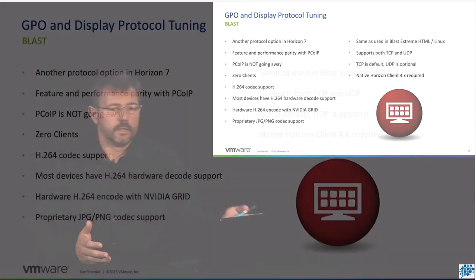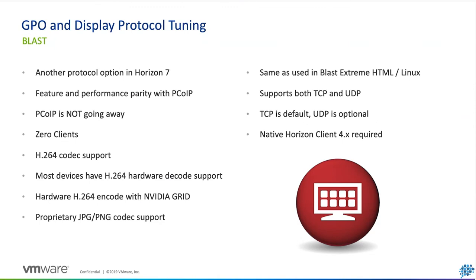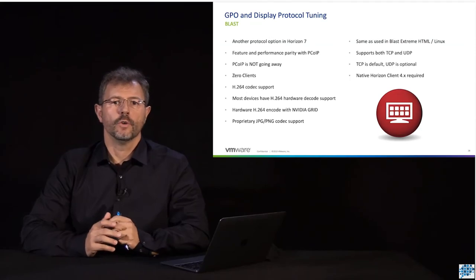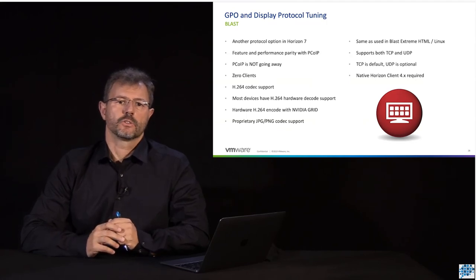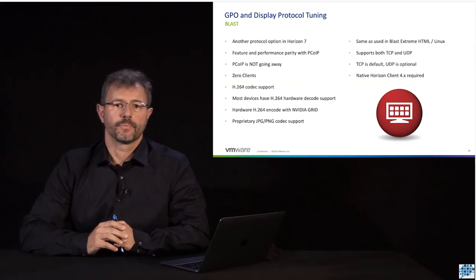It's a new protocol in Horizon 7. PCoIP is not going away because we still have use cases for that. So you can choose what protocol you want to take. We have support in zero clients. We have the H.264 compression and decode support. On the server side, if you have NVIDIA cards, you can offload the encoding of your BLAST stream to your NVIDIA cards.